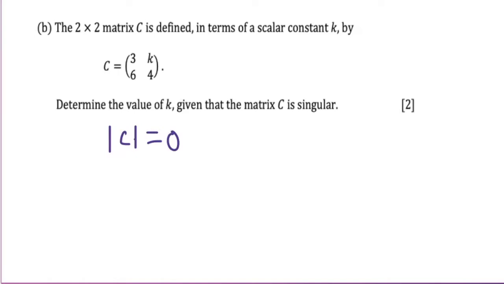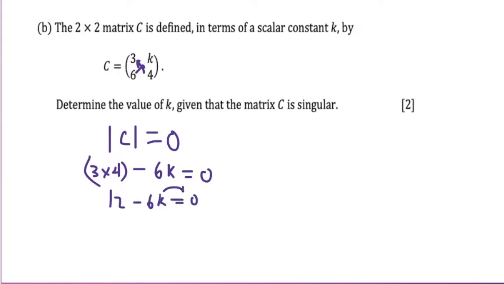So doing so, I'm going to multiply 3 times 4 minus 6 times k, that's 6k. And the determinant of this will be equal to 0. Now, 3 times 4 is 12, so I'll have 12 minus 6k equals 0.